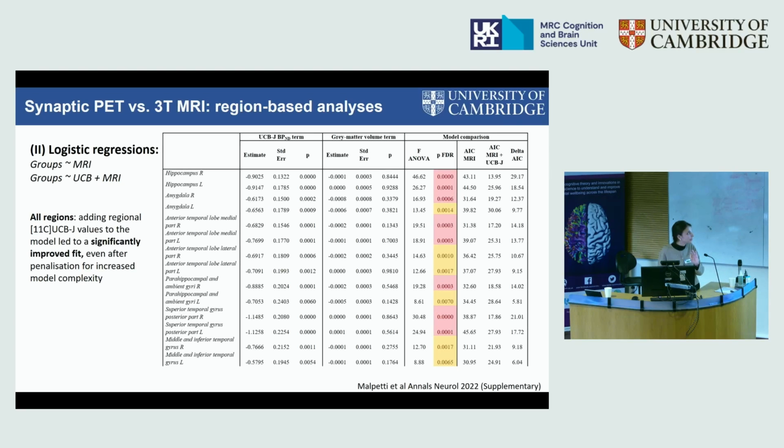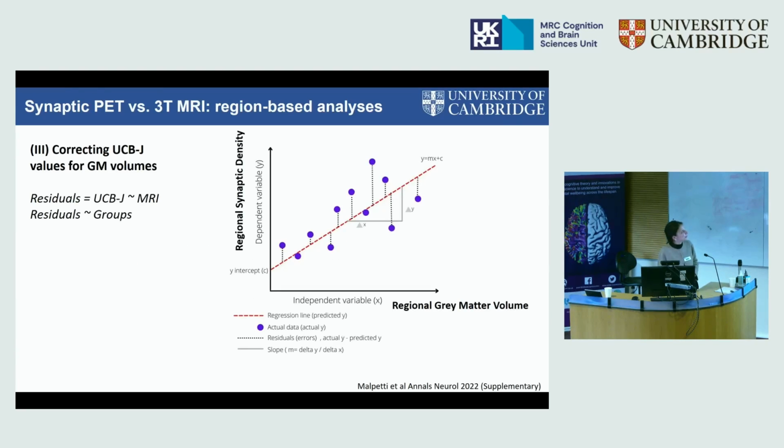Not happy with that, just to be super sure that we were seeing this, we also corrected the UCBJ values for gray matter volumes using a simple linear regression model and extracting the residuals. We used the regional gray matter volumes as the X variable, and our outcome was the regional synaptic density, and we extracted the residuals.